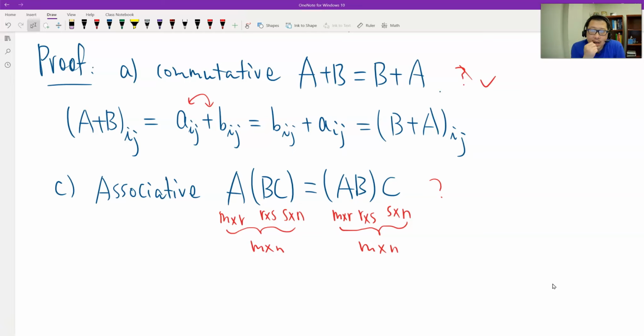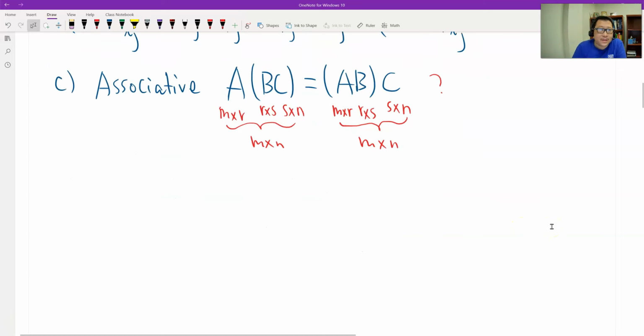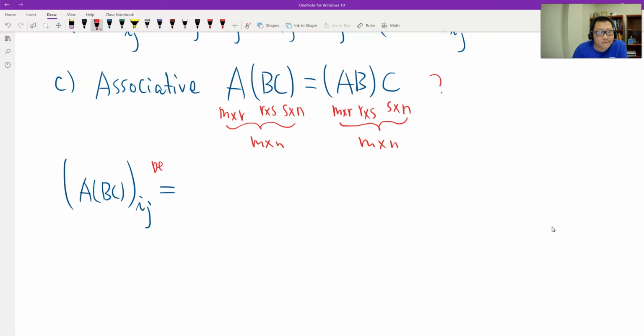And then we have to look at the general entry, that the corresponding entries are the same. So this time we have to use the definition of matrix multiplication. Let's look at the general entry of A(BC) at i, j. This means the general entry at the ith row and the jth column. So how do we find this? By the definition of matrix multiplication.